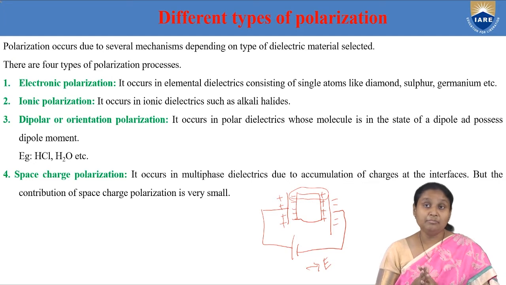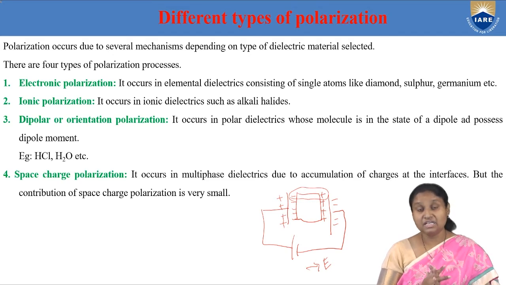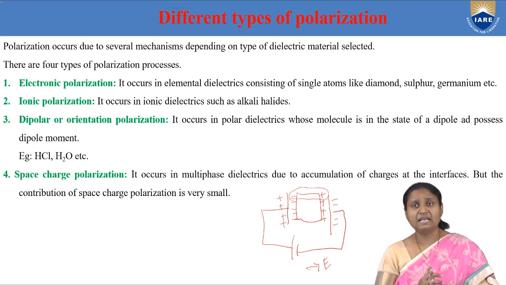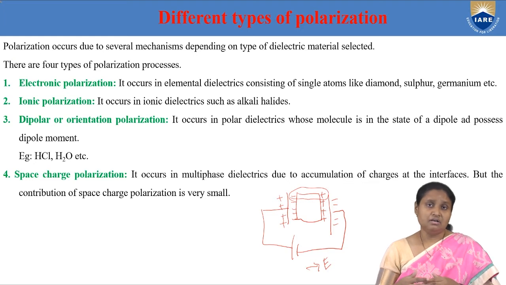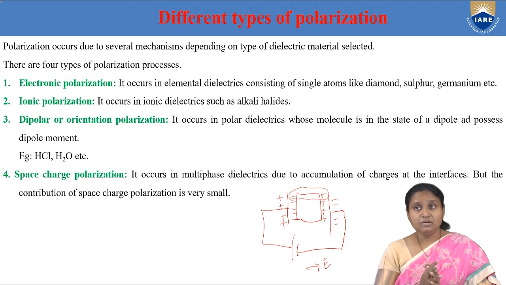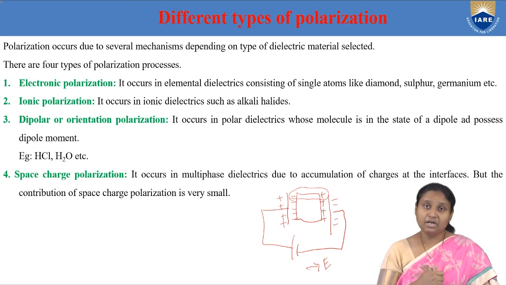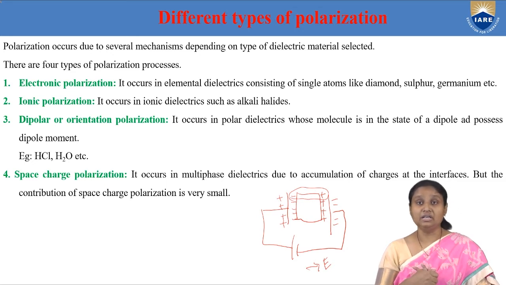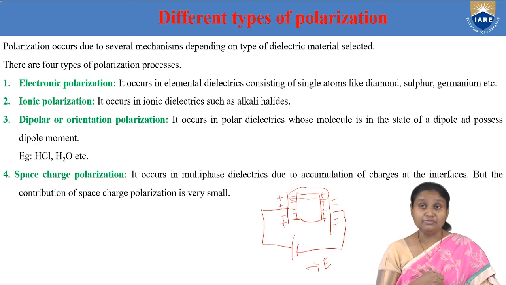Whether we take a material consisting of elements or single atoms, like silicon, germanium, diamond, sulfur, or dielectrics that are ionic in nature, which we can call ionic dielectrics, such as alkali halides. And then of course we have polar dielectrics, where without any electric field each molecule is in the state of a dipole, or any alloy which consists of multiple phases.